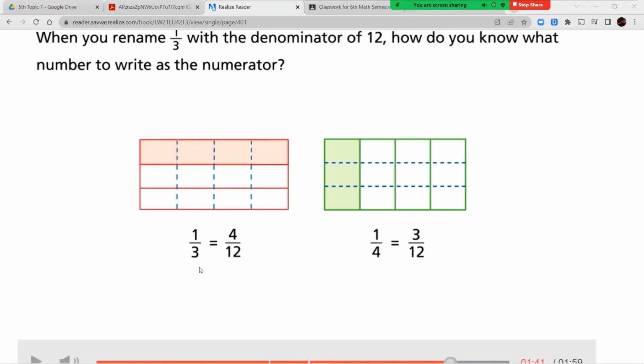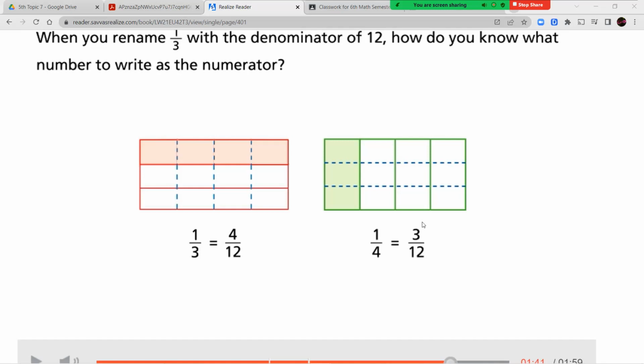Well, you have to stop and think, what did I do to my denominator to get it to that number? So 3 times what number got me to 12? I have to do 3 times 4 to get to 12. So if I multiplied my denominator by 4, I have to do the exact same operation to my numerator to find an equivalent fraction. So if I multiplied the denominator by 4, here I need to multiply the numerator by 4. So that's what makes 4/12.